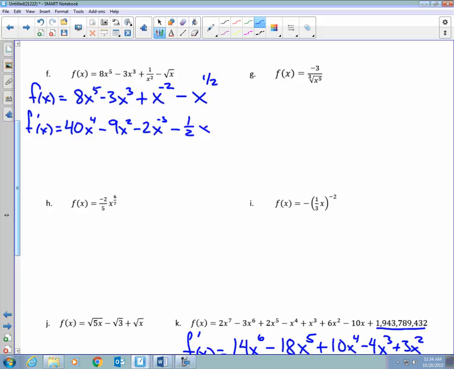Minus 1/2 x to the negative 1/2. I cannot leave negative exponents. So therefore, I must rewrite it without negative exponents. 40x to the 4th minus 9x squared minus 2 over x to the 3rd minus 1 over 2 roots of x.